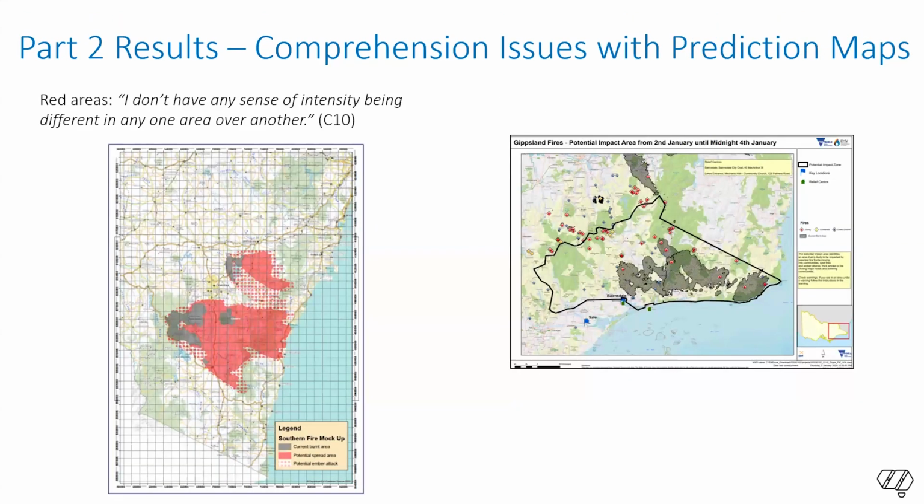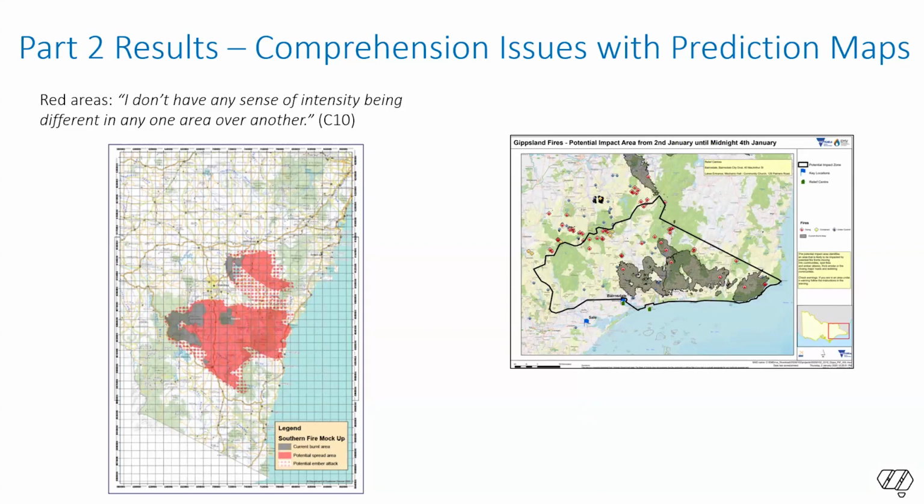One more piece on the comprehension issues, now focusing on fire spread prediction maps. There was some confusion regarding certain areas of these maps and the risks associated with those areas, such as the gray or the burnt area, as well as areas in red on the left-hand side map from New South Wales.